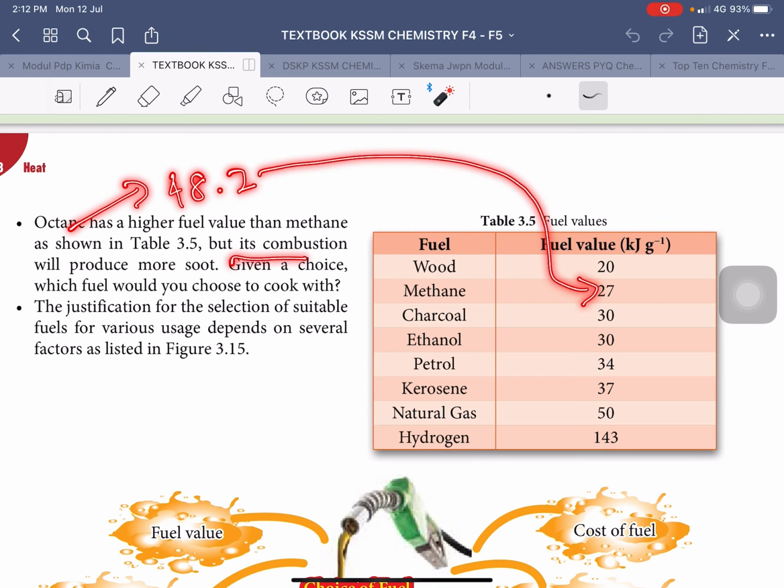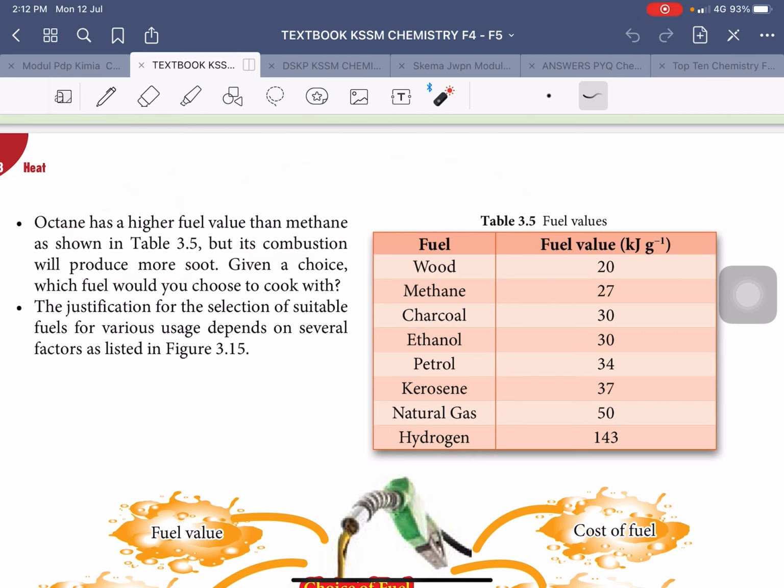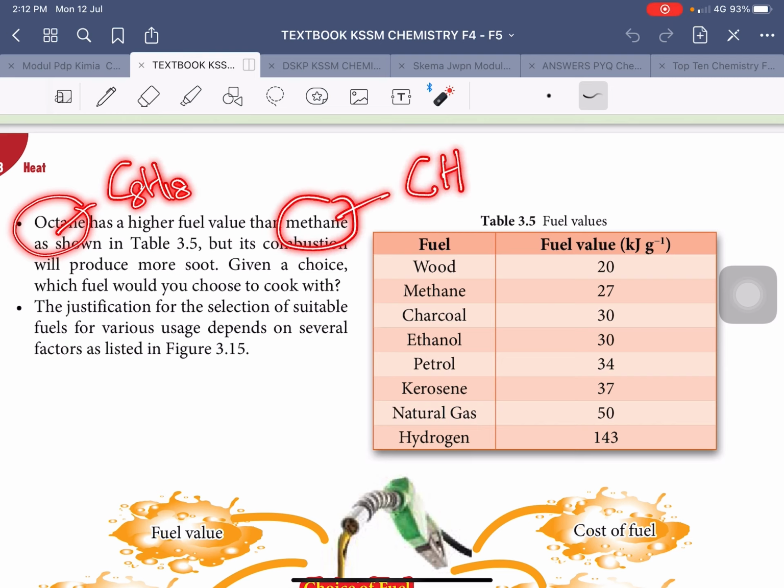But its combustion will produce more soot. Octane formula is C8H18. Methane formula is CH4.